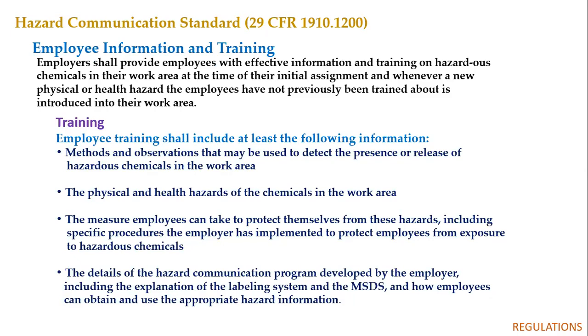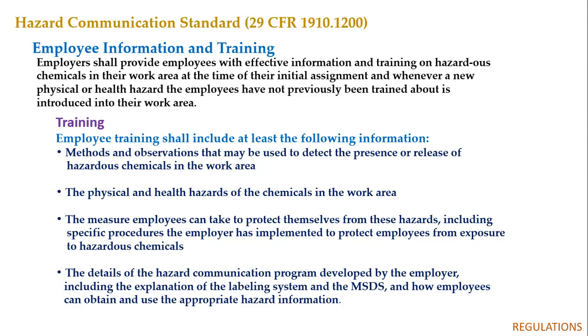Under this hazard communication standard, the employee information and training part is there. The employers shall provide employees with effective information and training on hazardous chemicals in their workplace at the time of their initial assignment, and whenever a new physical or health hazard the employees have not previously been trained about is introduced in their workplace. Now the training part.